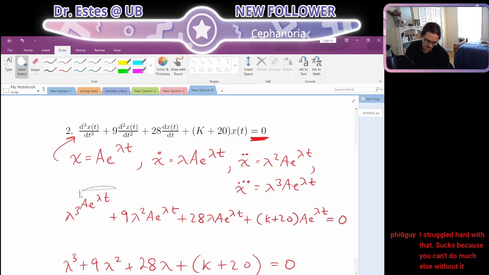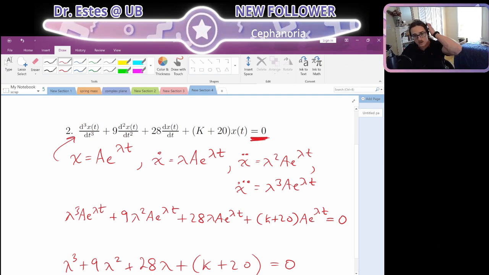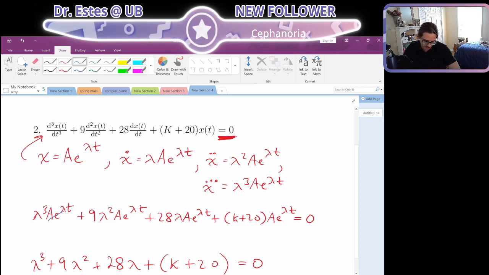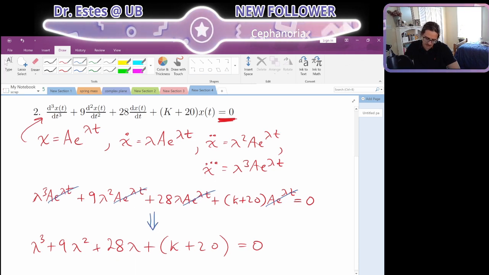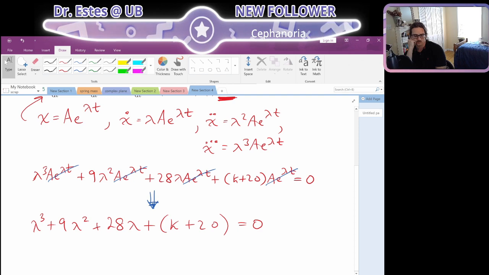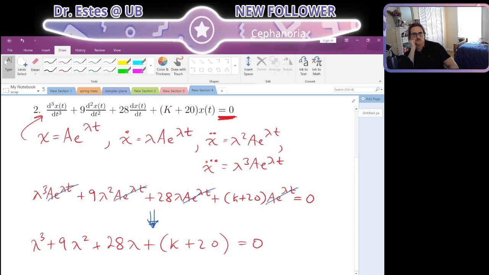So, you notice I can divide everything by A e to the lambda t. And then you're left with just this, a polynomial in terms of lambda. Does that make sense to you?